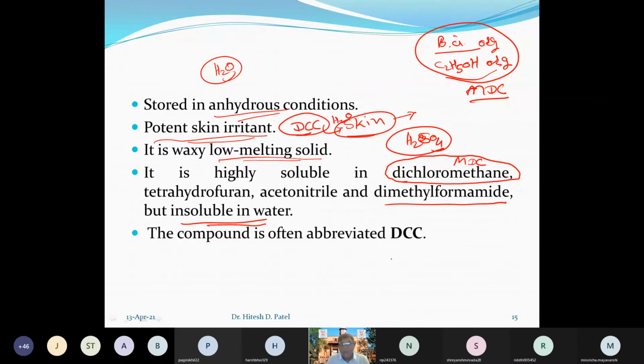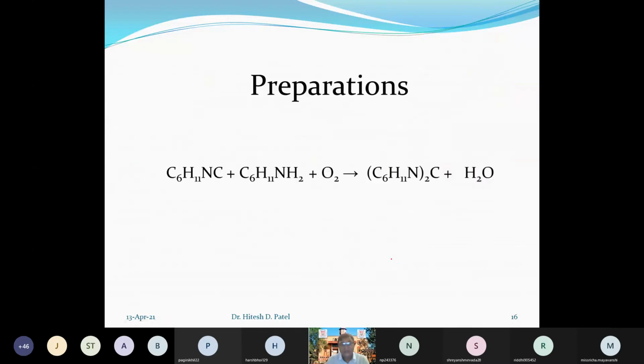So the compound, as we have already said, its short form is DCC. Now how can we prepare DCC? C6H11NC means cyclohexyl isonitrile. If you have that, along with cyclohexylamine, C6H11NH2, plus oxygen, when we heat these compounds we will get this compound.